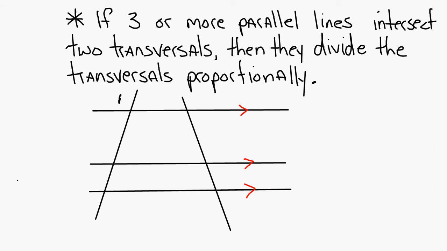So if your points of intersection are AB, CD, and EF, it's the same concept of the theorem we just covered, except they don't show the transversals intersecting. They don't show them forming a triangle, do they? But if you extended these two vertical-ish lines, they would intersect up here somewhere, wouldn't they?